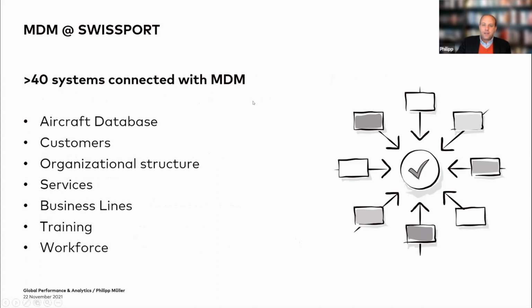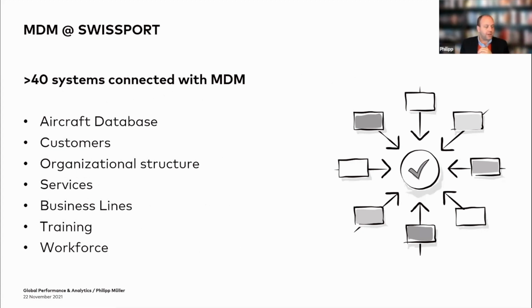Currently, we have more than 40 systems connected with Cohelion's MDM. A few examples, by far not the full list, of what we use it for: the whole aircraft database, and all our customers are part of it. Our organizational structure, which can lead from a department at any airport in the world up to how countries report in regions.